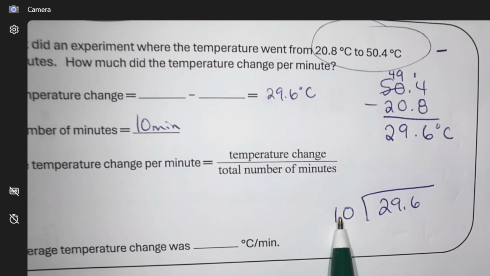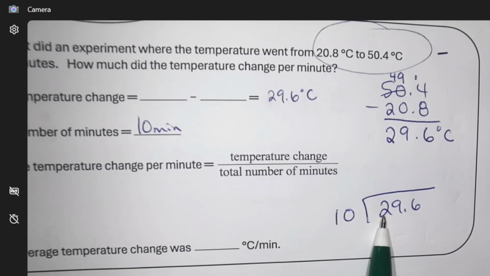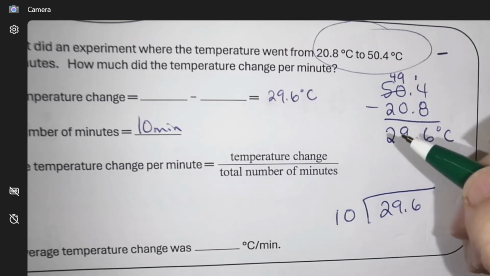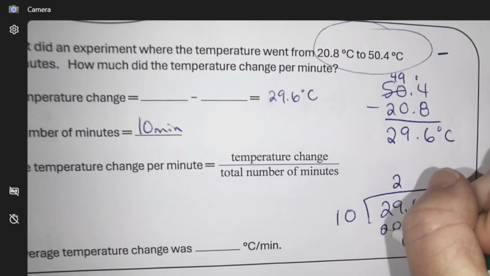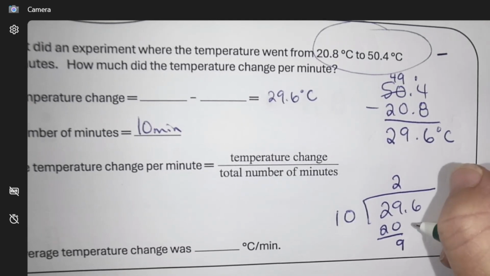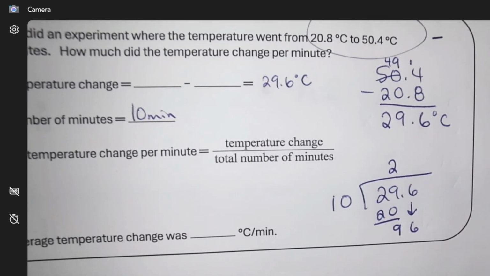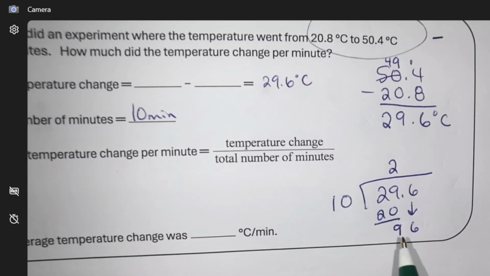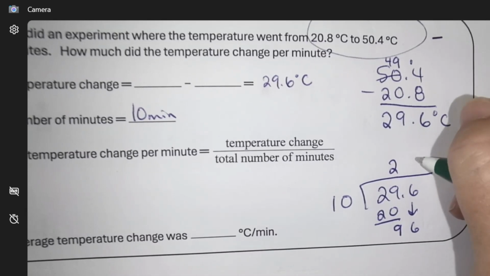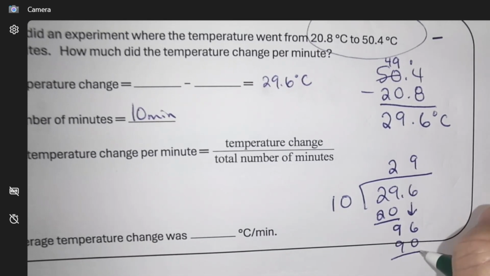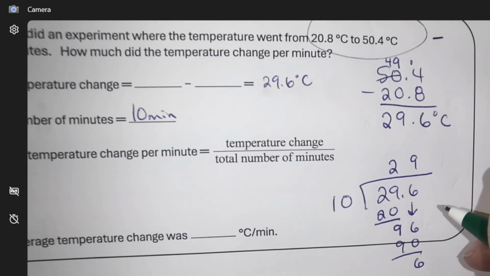Okay, so how many times can you fit 10 into 2? 0. No. So 10 into 29. 2, so 20. Okay, so the new question is how many times can you go 10 into 96? 9. So that is 90, leaving me with 6.